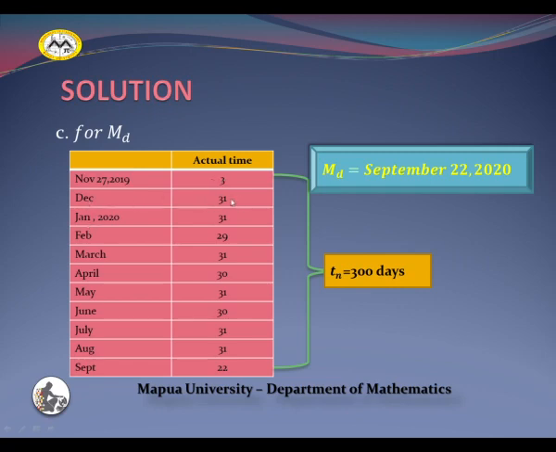And then for December, it has 31, January 31, February, because 2020 is a leap year, so February has 29 days, March 31, April 30, May 31, June 30, July 31, August 31, September 22. So we have a total of 300 days. And to have 300 days, this is actually the maturity date, wherein it falls at September 22, and the year is 2020.